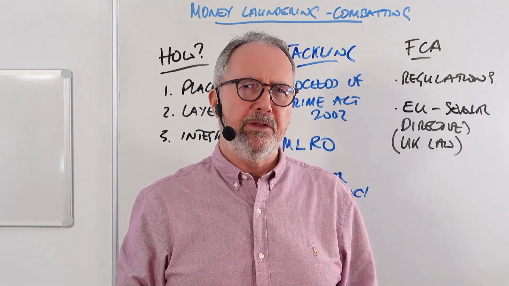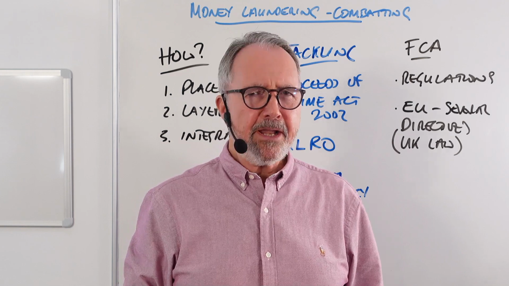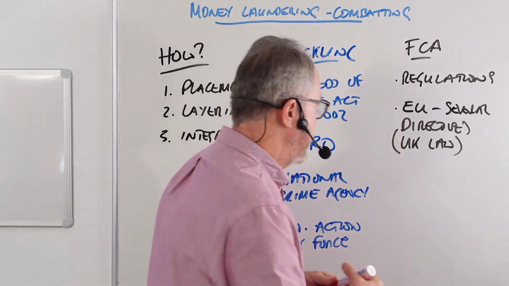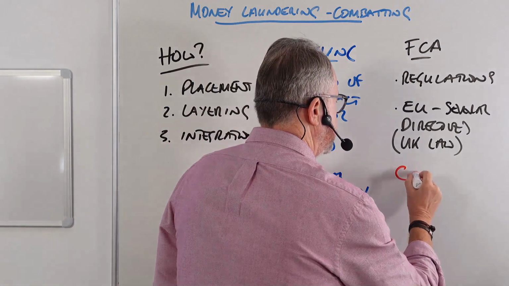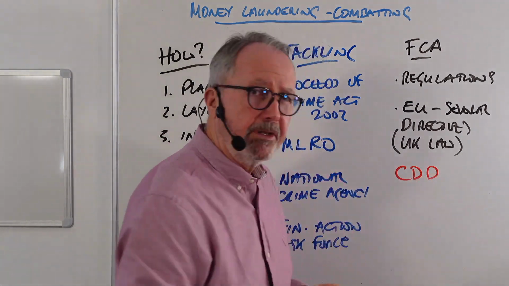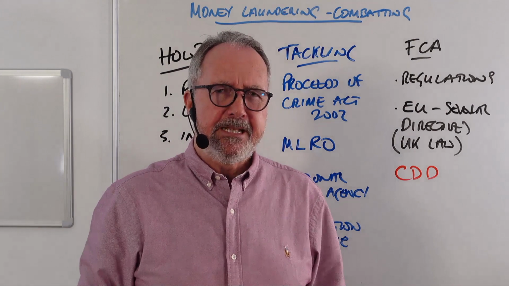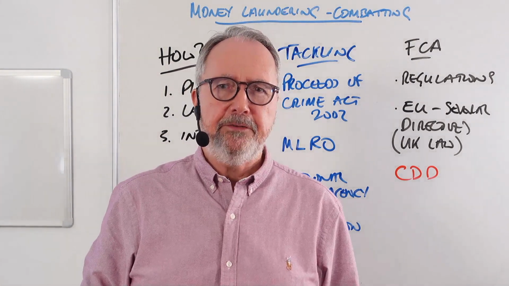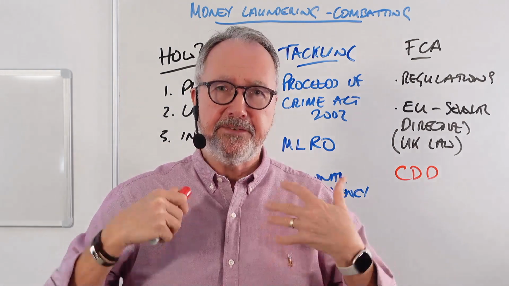Let's talk about the big ones then for us. The big one that will affect you as a financial advisor, and I'll put this in red now, is customer due diligence, known as CDD. Now, customer due diligence is a requirement that you have to do, which means that you have to obtain people's identification.